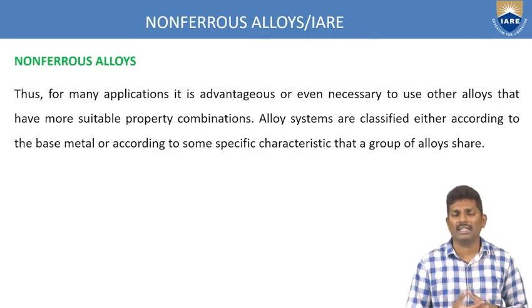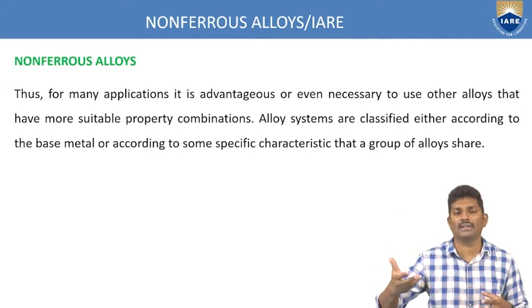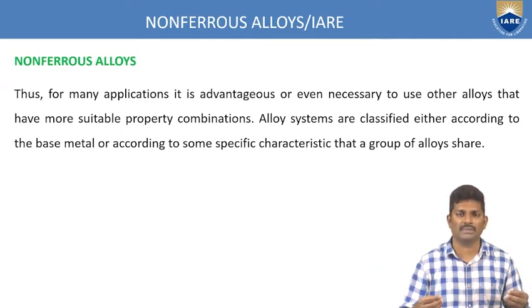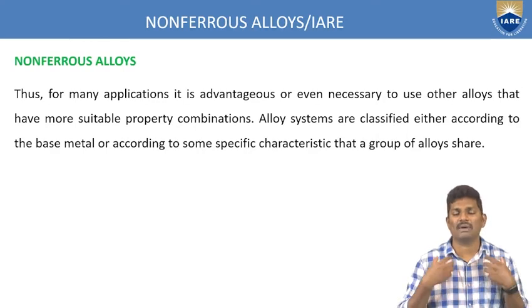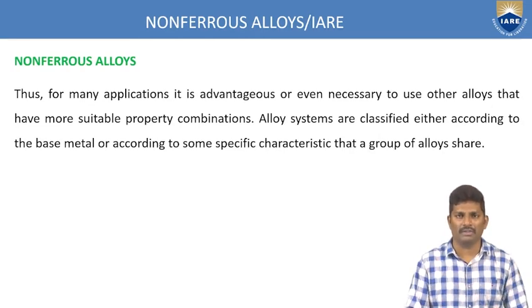If two good property materials are combined with each other, the output will be more efficient when you compare with the two individually. So with these non-ferrous alloys, we add some other material into the original material so that the enhancement of the mechanical properties will be very good.